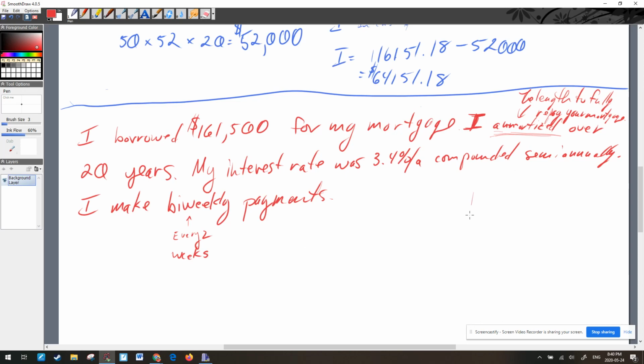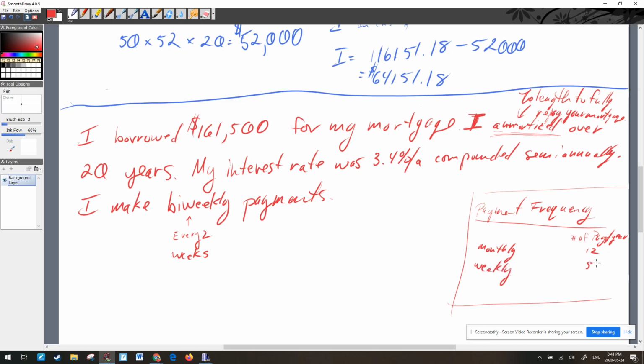If we think about payment frequency, and we're going to do number of pays per year, and I know that's miserable, but you don't need to write this down. I just want you to have an idea. So if I say monthly, how many payments do I make per year? Well, I'm hoping you know it's 12. If I say it's weekly, I hope you know there are 52 weeks in a year.